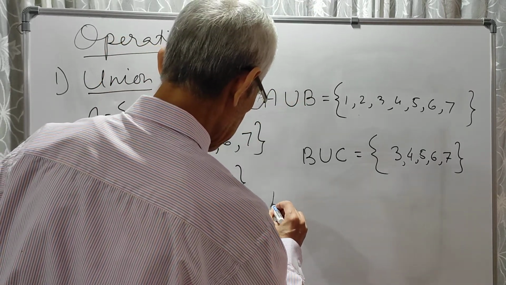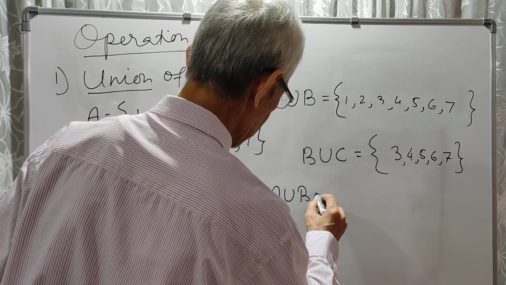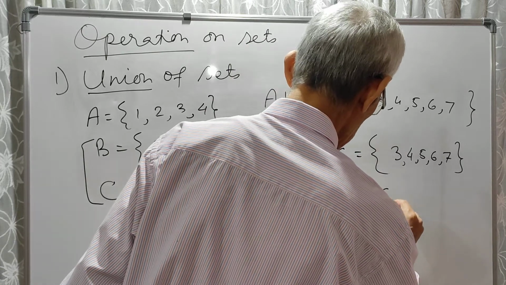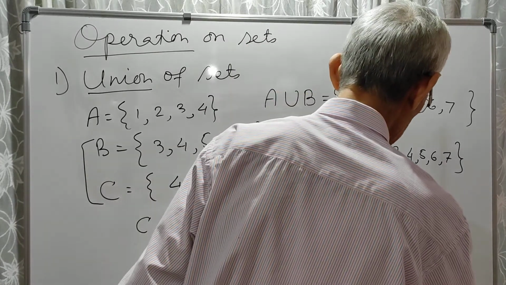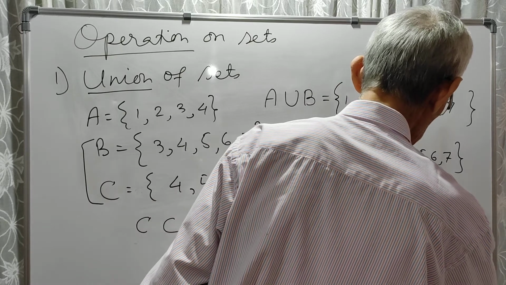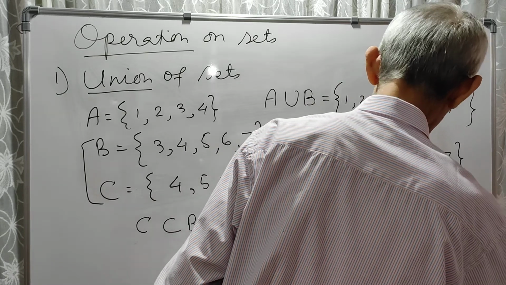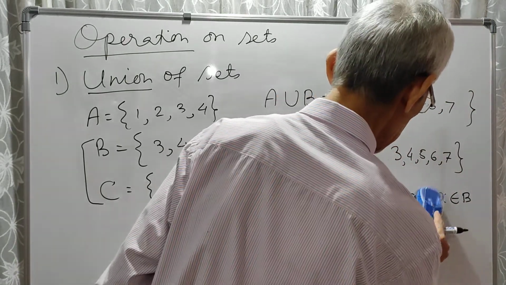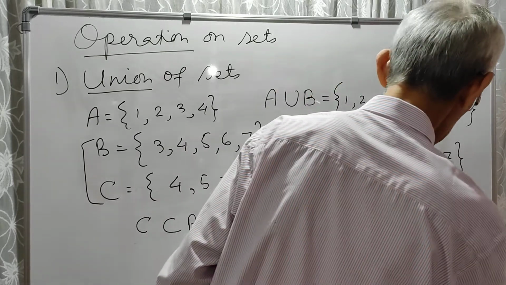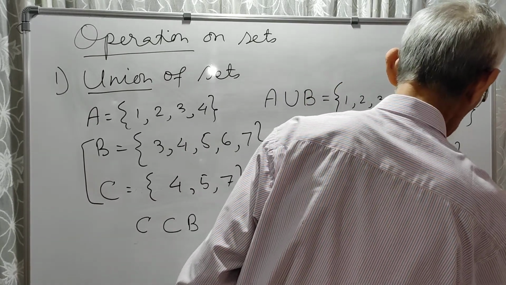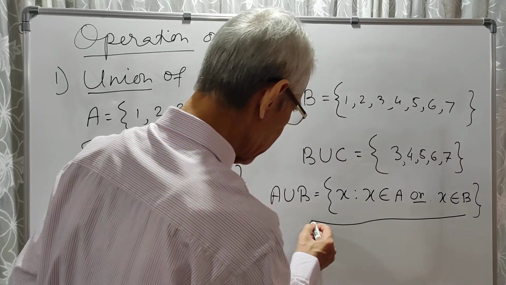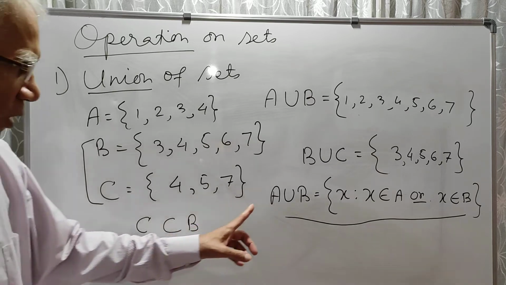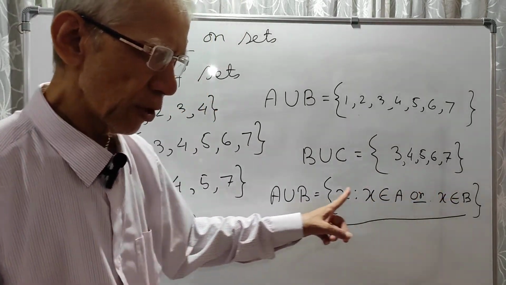So A union B is a set of X such that X belongs to A or X belongs to B. So this is the general expression of A union B. A union B, this is a general way of writing.